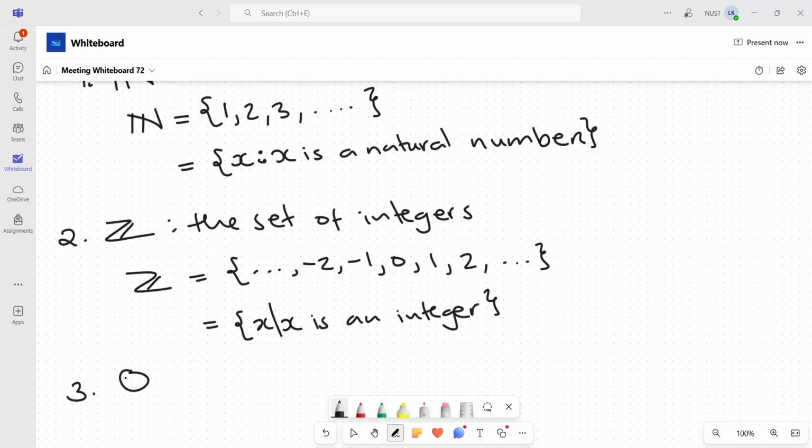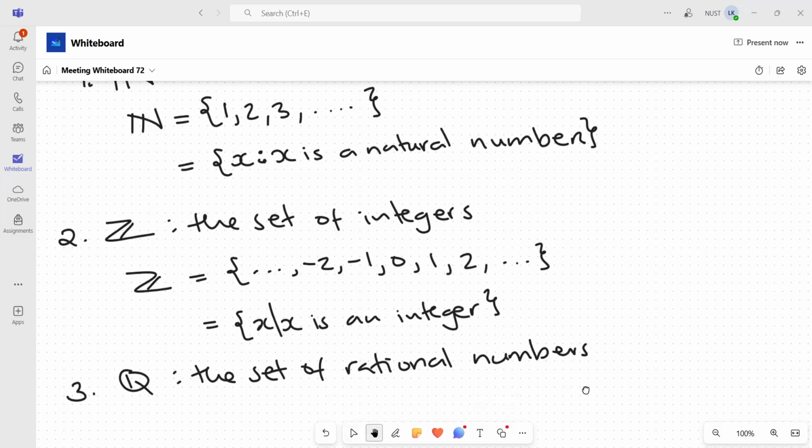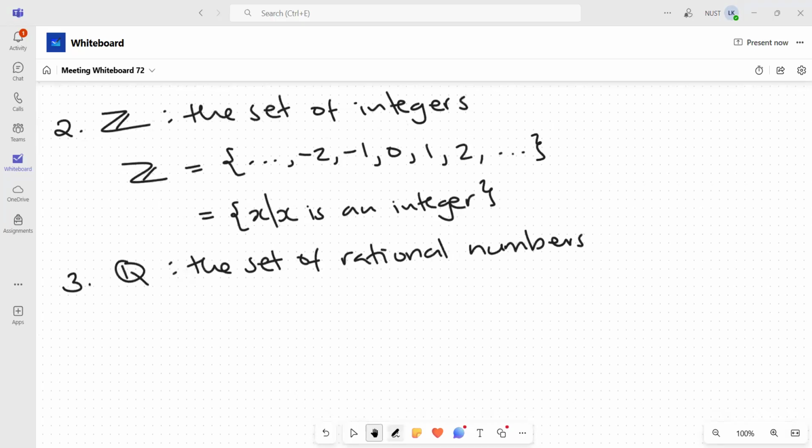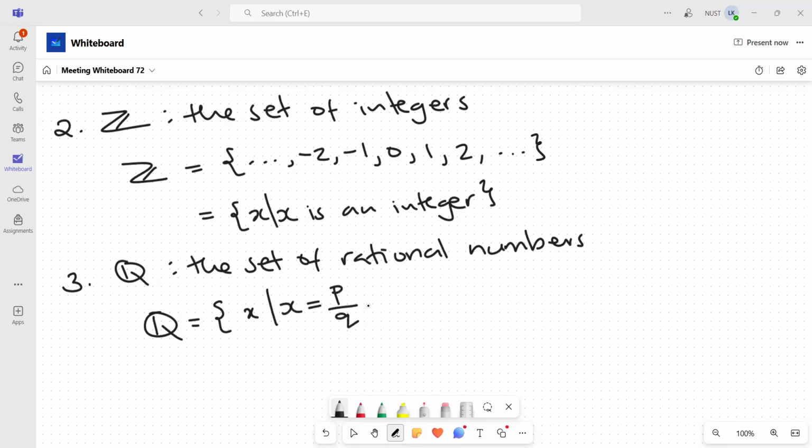Number 3, we have the set of rational numbers. The set of rational numbers, we can only represent in this way: x such that x is equal to p over q, where p and q are elements of the set of integers, because we know that is what rational numbers are.